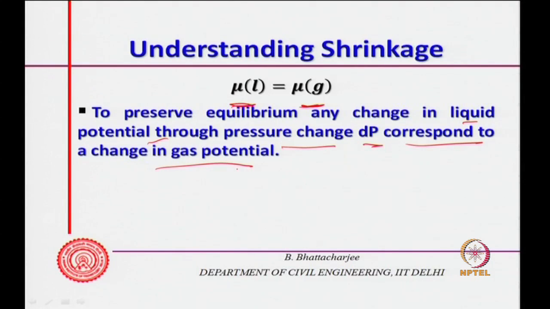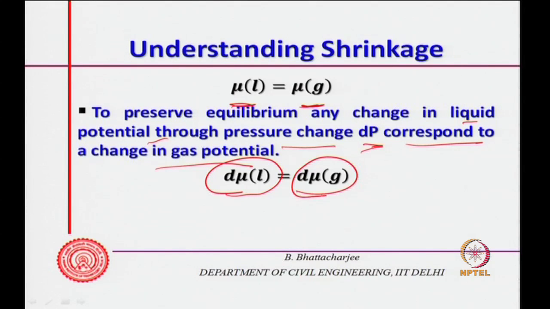So, when I have applied pressure dP to the liquid, the liquid potential changed and correspondingly the gas potential must also have changed, otherwise there would have been no equilibrium. Therefore, d mu L must equal d mu G, where mu L and mu G are the chemical potentials of liquid and gas.